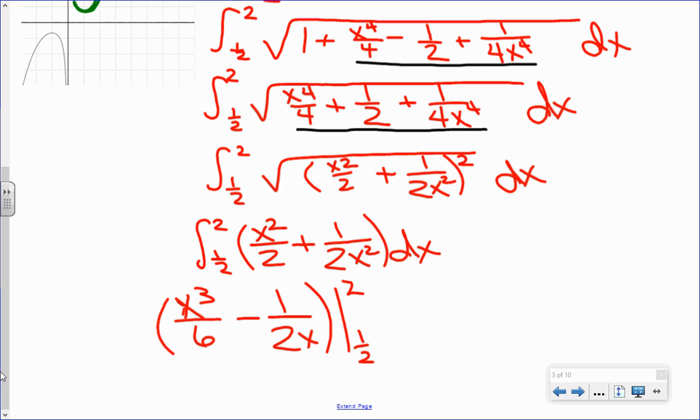Wasn't that cool, how the algebra worked out? Some of us appreciate it at least. Okay. All right. Plug in 2, plug in 1/2. Let's see what this is.